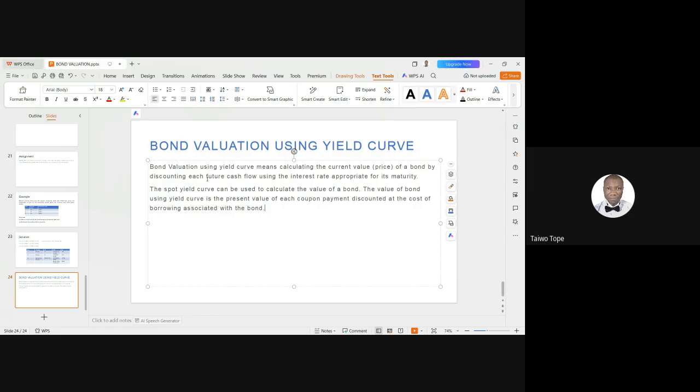So this can be calculated using the formula below. So now, what is the formula? Now, we said the spot yield curve is what?